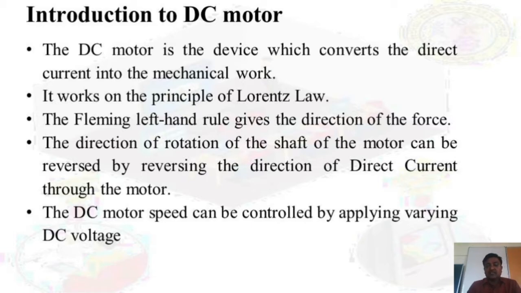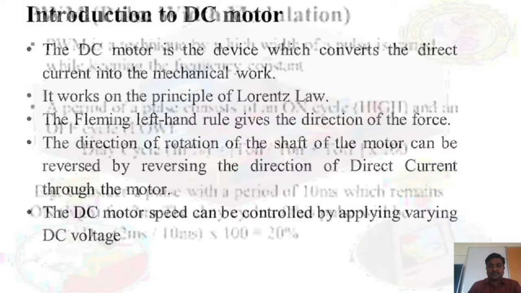That is, we have to rotate the DC motor fan in clockwise direction or anti-clockwise direction. Here, the reverse direction will be carried out by reversing the direction of the current. The DC motor speed can be controlled by varying the DC voltage.